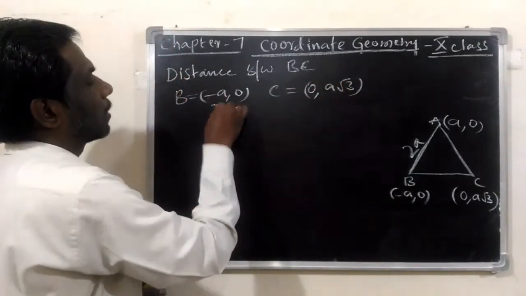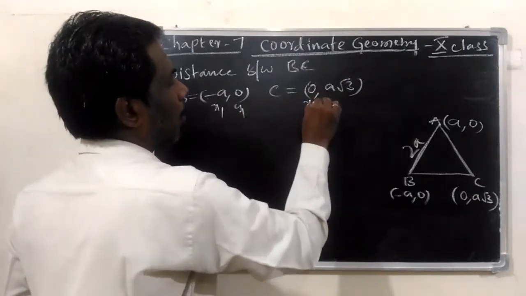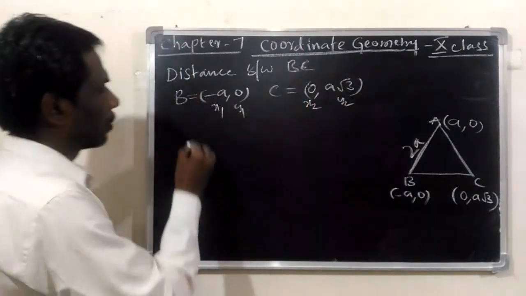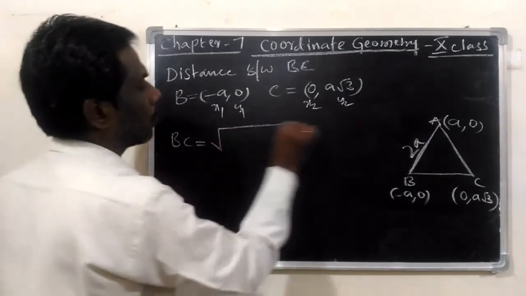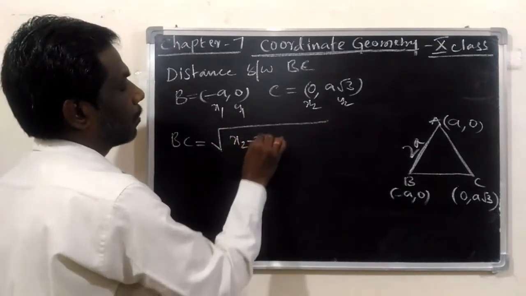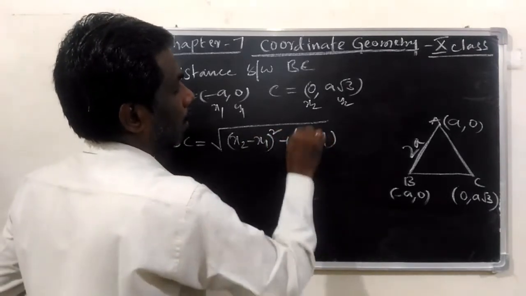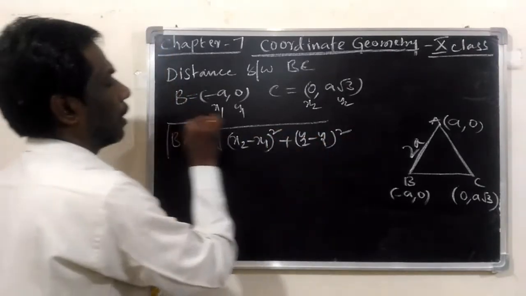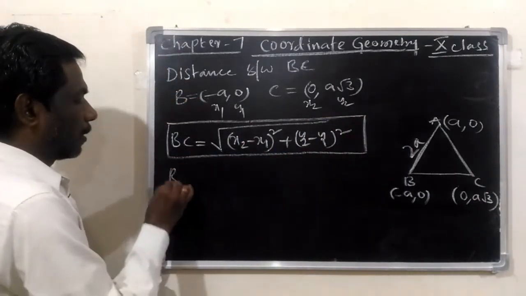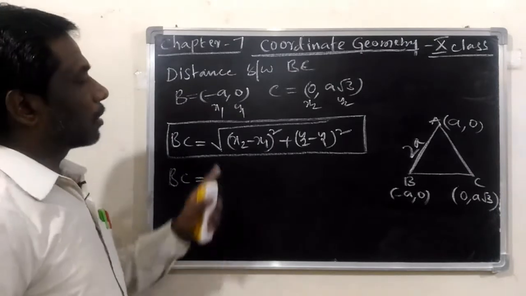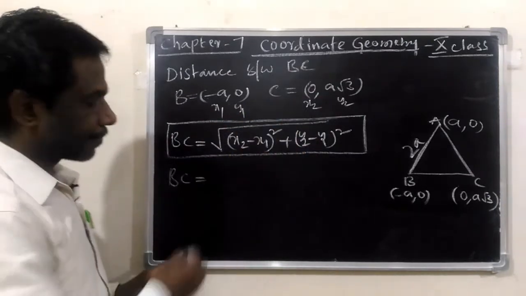Let the first point be (x1, y1) and the second point (x2, y2). The distance formula: BC equals under root of (x2 minus x1) whole square plus (y2 minus y1) whole square, and make this a box. Next, substitute the x1, y1, x2, y2 values in this formula.